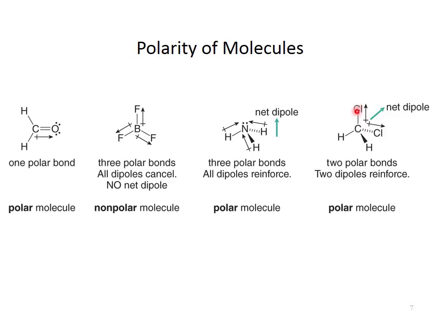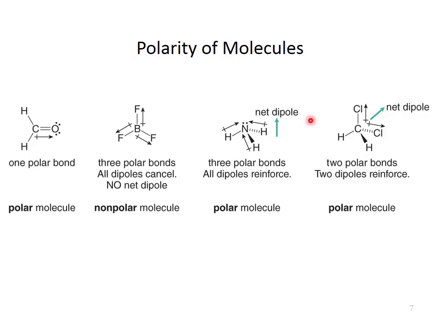But the chlorines are pretty polar. The carbon has an electronegativity value of 2.5, and the chlorines are 3.0, so there's a significant difference in electronegativity. As a result, we find that there's del negatives on the chlorines, and there's del positive on the carbon.